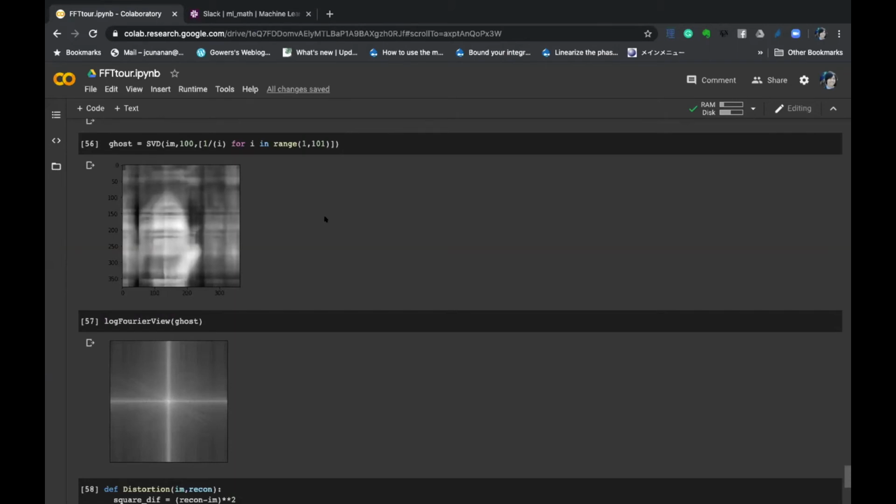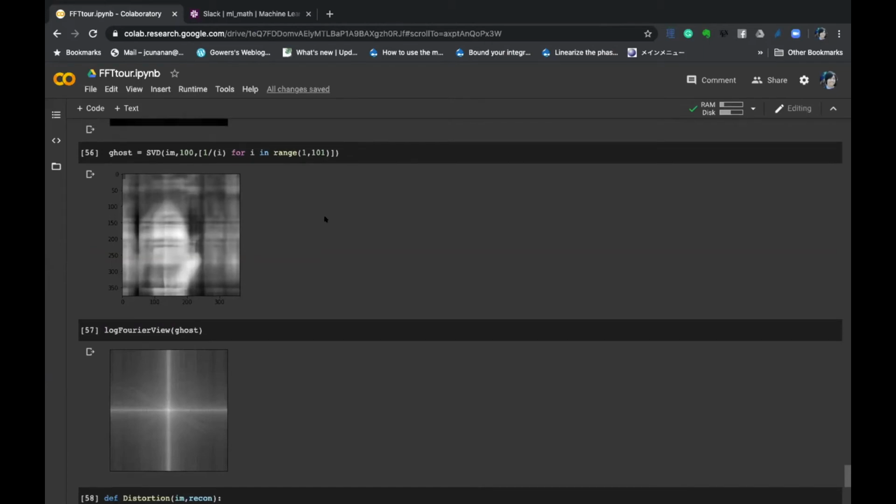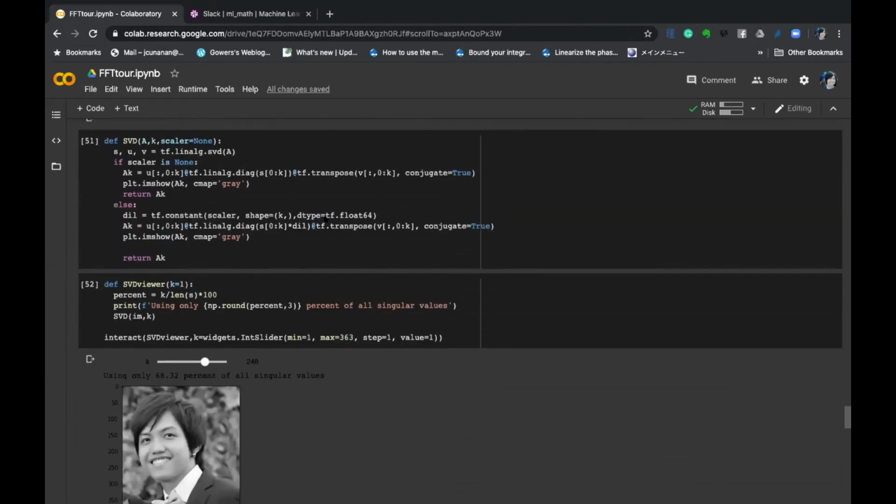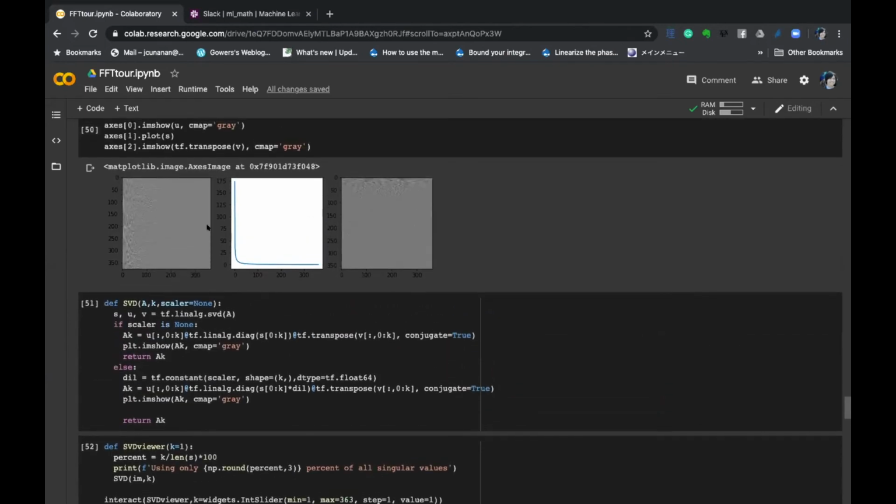So what was the intention behind squaring the position of your component and then showing that? Because I claimed here that each of these eigenvalues, the first eigenvalue corresponds to low frequencies, and the further down you move corresponds to higher frequencies.